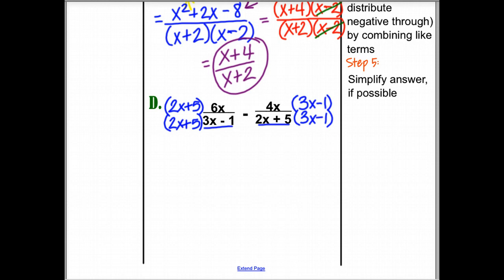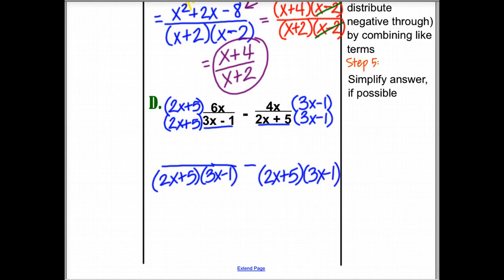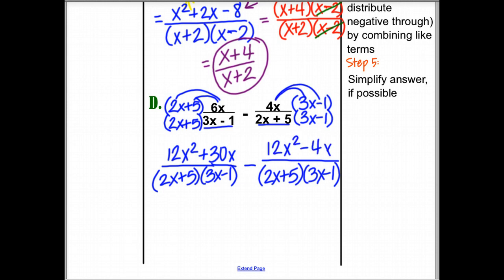Now, I'm going to leave the denominators as 2x plus 5 times 3x minus 1, but I'm going to distribute the 6x in here, which will give me 12x squared plus 30x. And over here, distribute the 4x in, giving me 12x squared minus 4x.